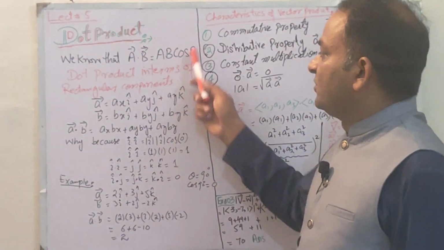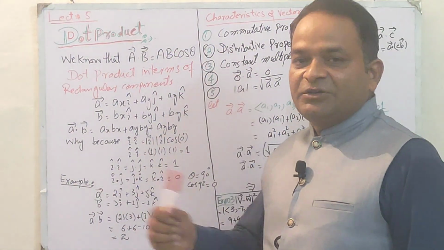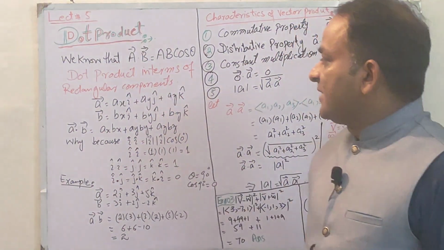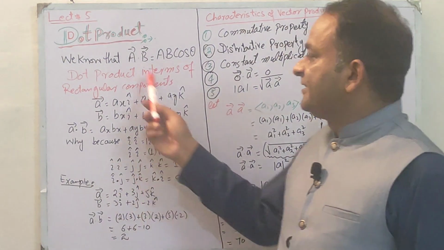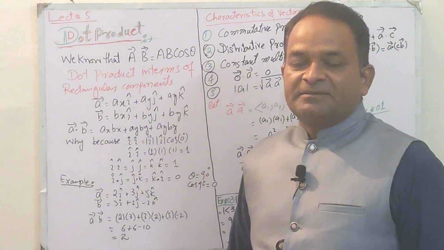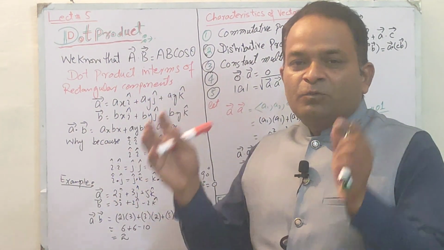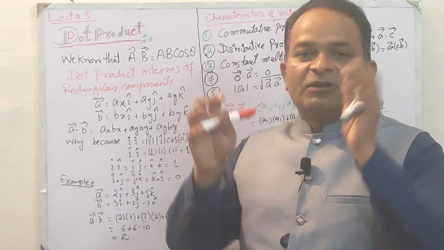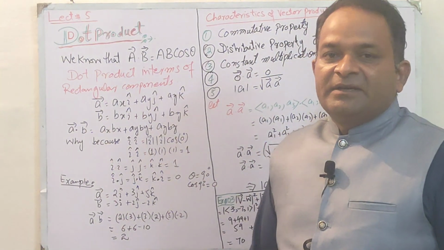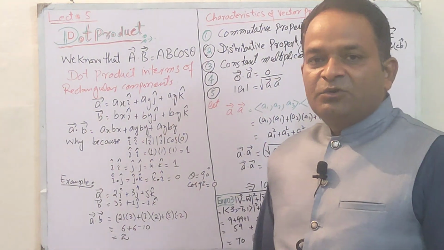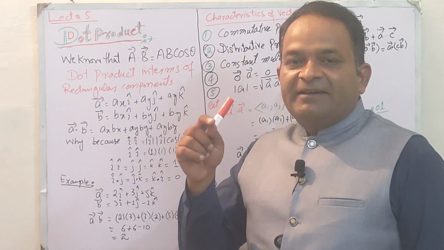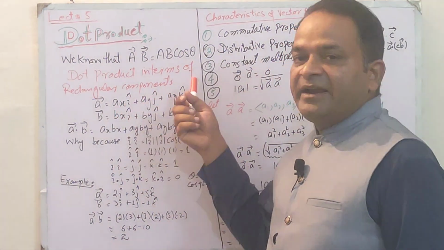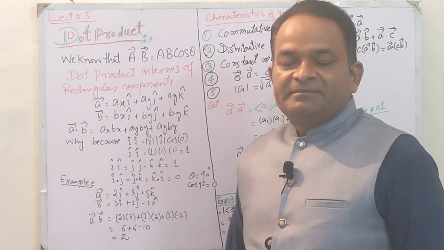And you already know the values of cos 0, cos 90 and many more. So, dot product in terms of rectangular components. How to multiply two vectors in terms of their rectangular components? In 3 space, we know that a vector has 3 coordinates, x, y and z coordinate.